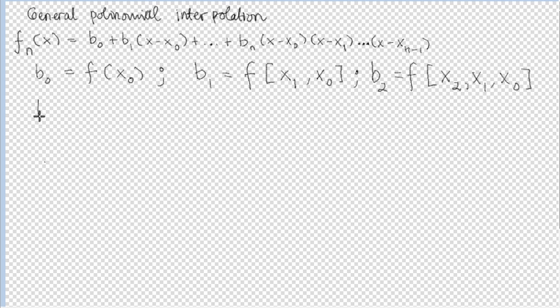We have the general form. bn is the difference between xn, xn minus 1, and so on until x1 and x0.